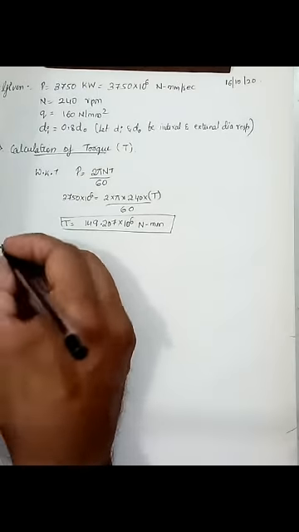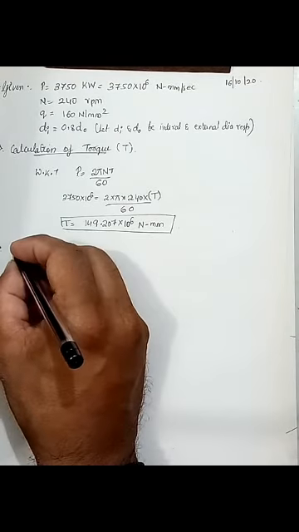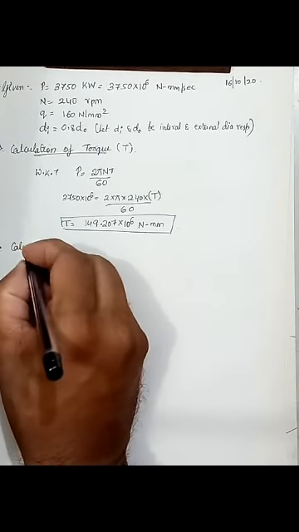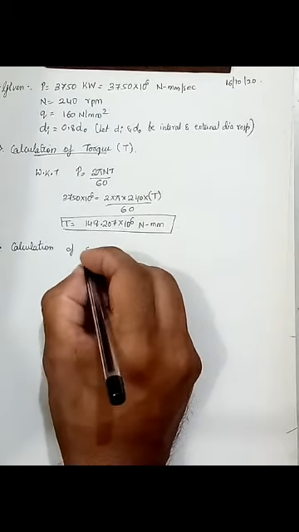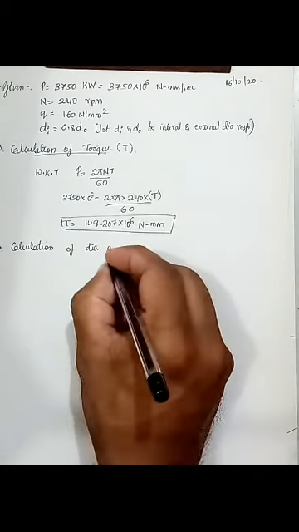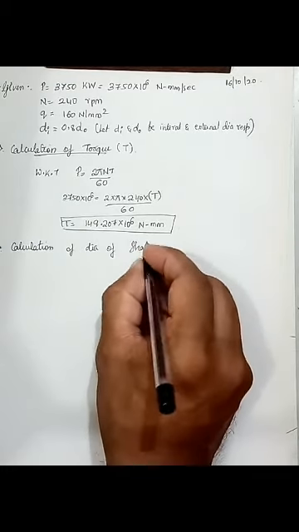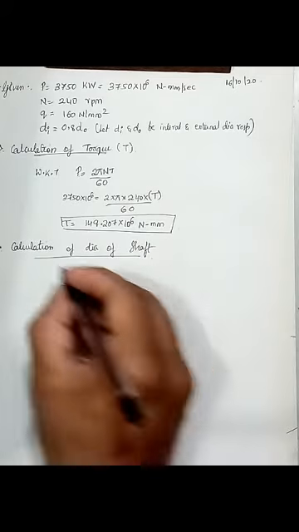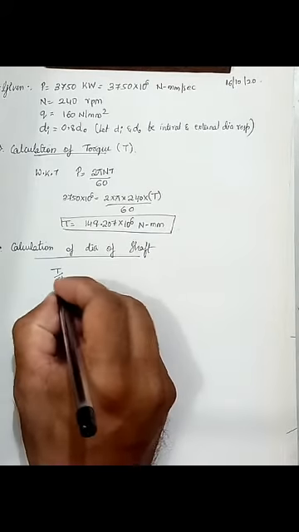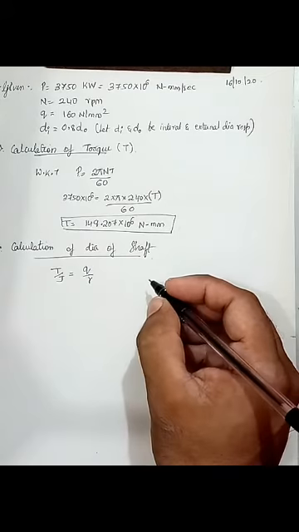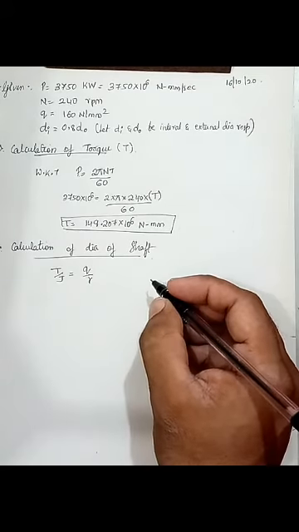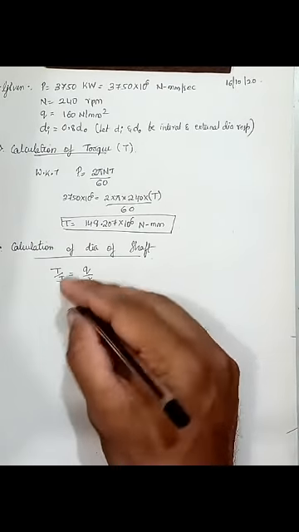So once getting T, we can calculate the dia. Calculation of dia of shaft. So we know the equation T by J equals q by R. G theta we cannot use because the G value or theta value or length is not given to us. So we know these two things.